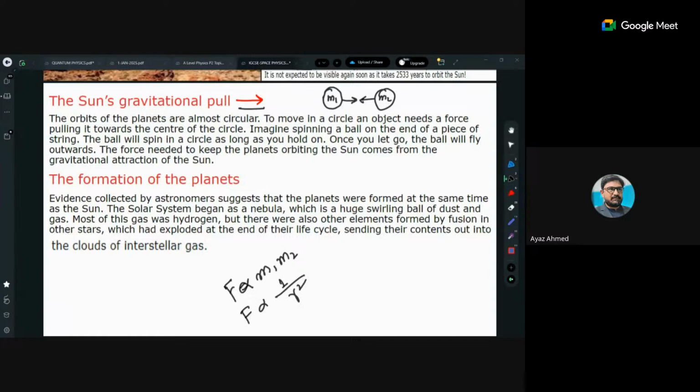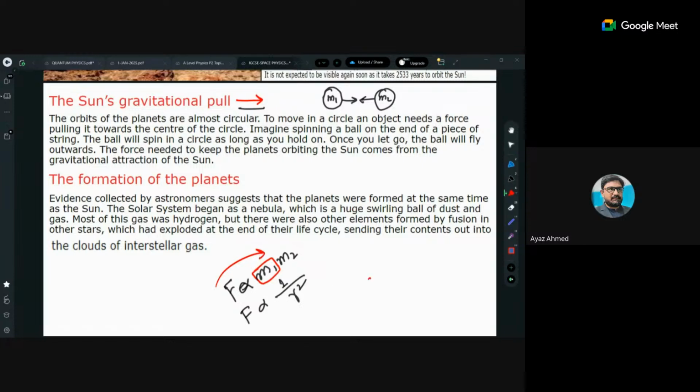So I'm just going to make a simple calculation for you. For example, if one mass is big enough and one mass is small enough, the force of gravity would be larger.